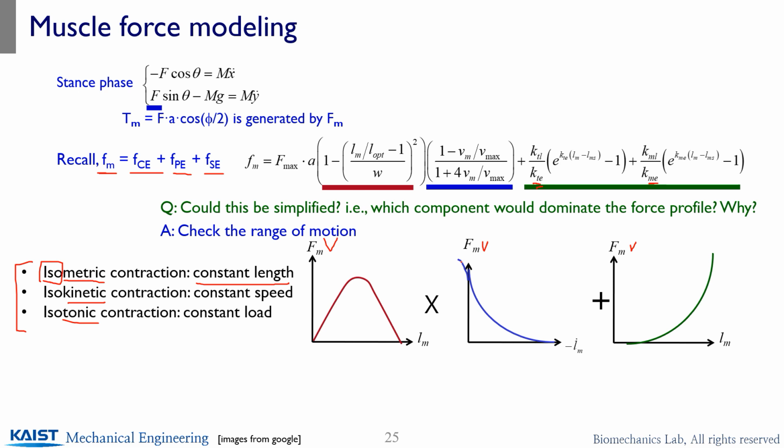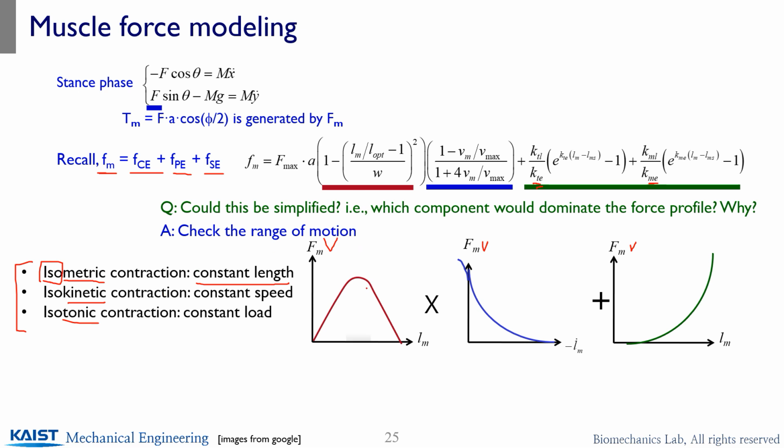That's isometric contraction. Isokinetic contraction means there's a constant speed, like a joint angular velocity. It's not really easy for a human to control by themselves. Isotonic means a constant load is applied. If you are attached to some machine that gives you a constant resistance force, that's kind of isotonic contraction.